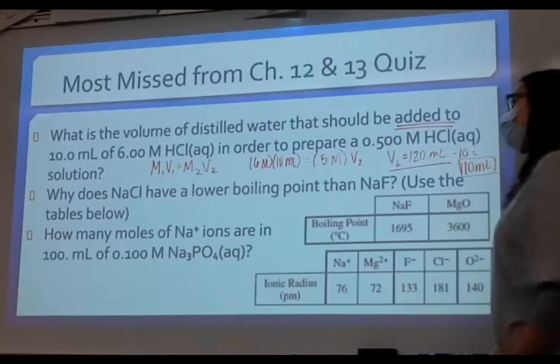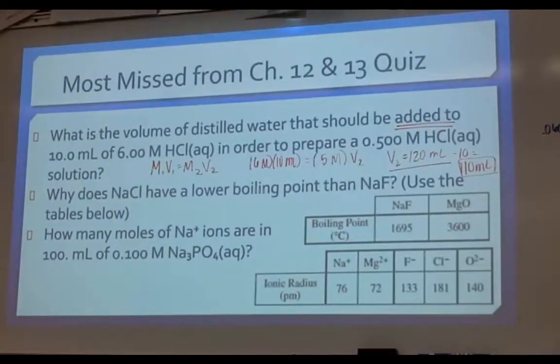The second question, so this was looking at ionic solids. So why does NaCl have a lower boiling point than NaF? And then it said use these tables. So it gave you these tables, and then it asked about the boiling point of ionic substances. So NaF has a boiling point of almost 1700 degrees Celsius.